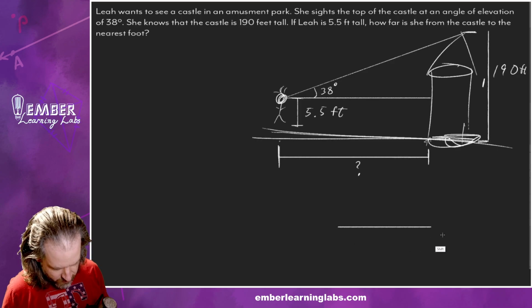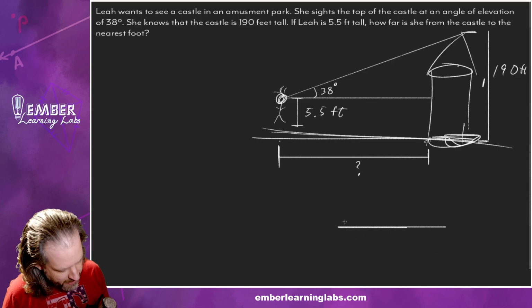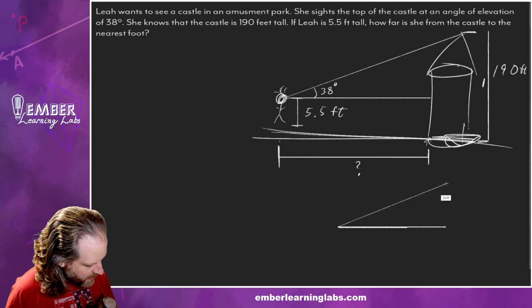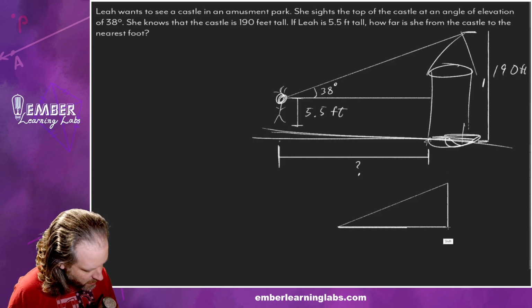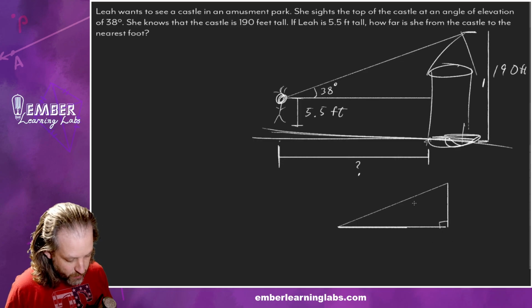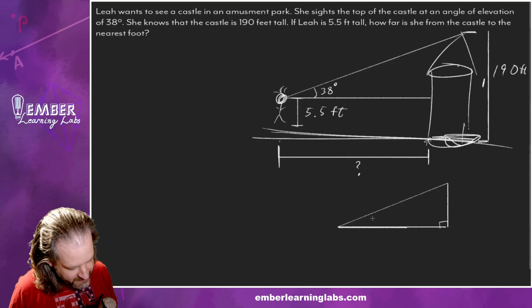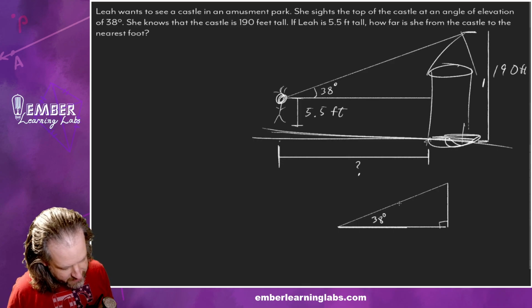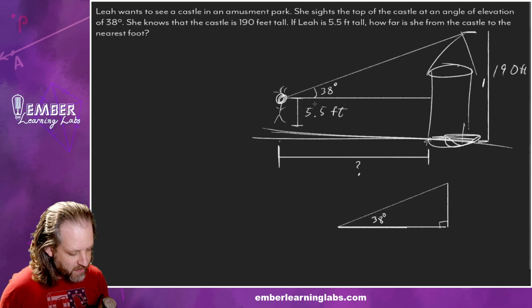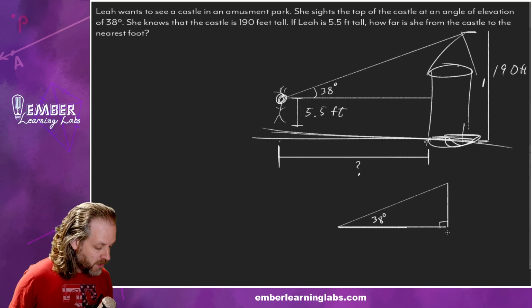So let me draw the triangle by itself, like this. We know that this angle is 38 degrees. You might say we know that this is 190, but no, that's the importance of her being 5.5 feet tall.